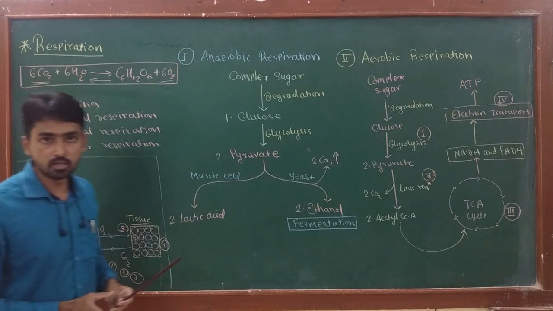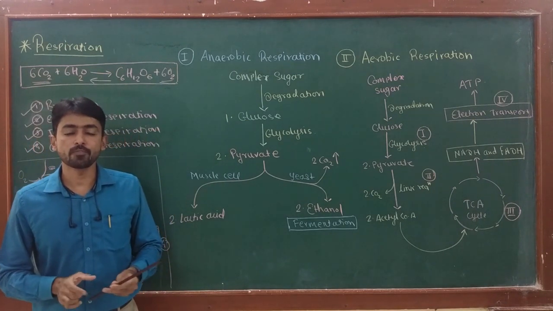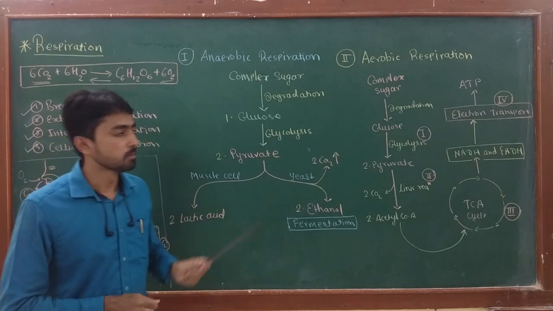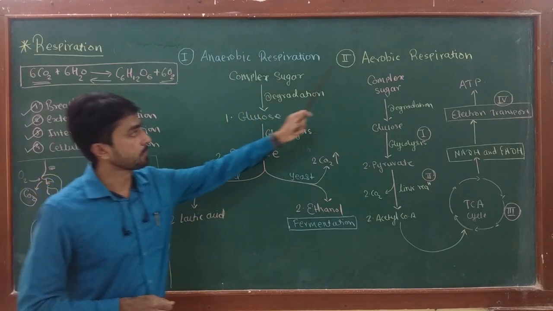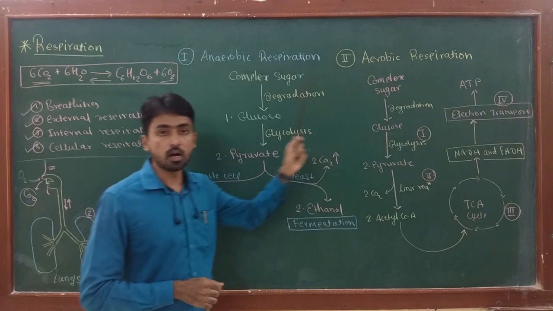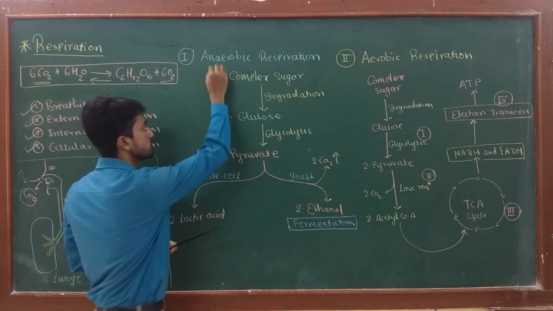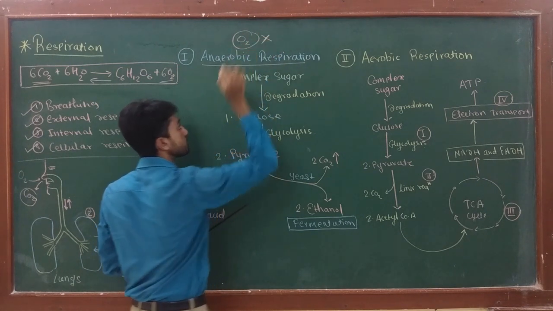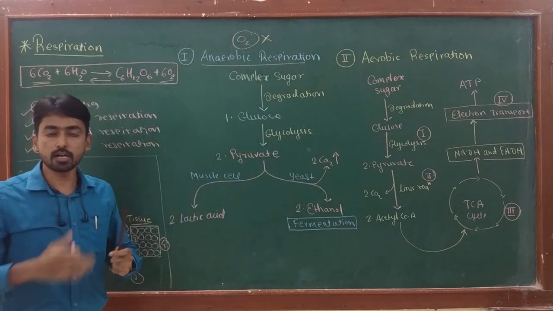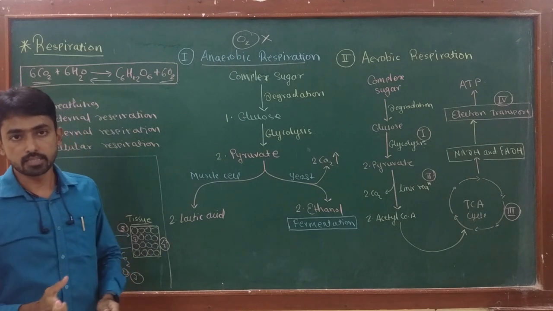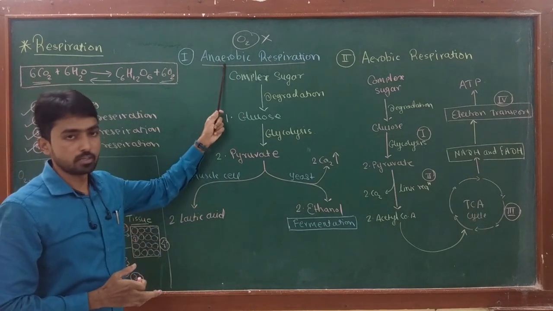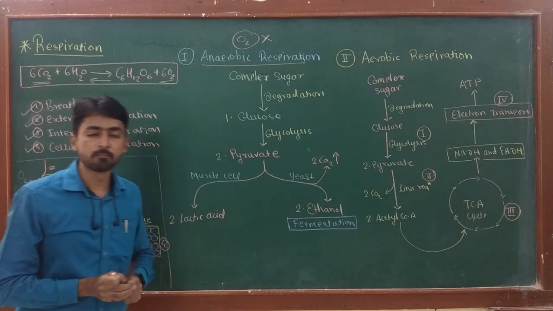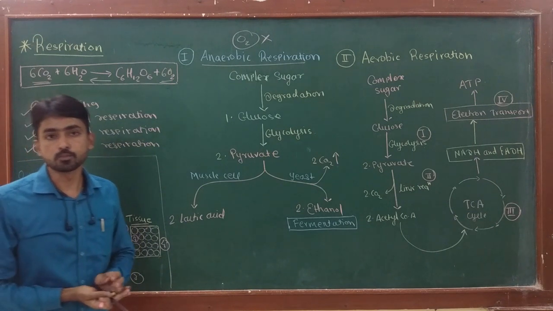In animals or microorganisms, two different modes of respiration are observed. First is anaerobic respiration and second is aerobic respiration. Anaerobic respiration means the respiration which occurs in the absence of oxygen. If oxygen is unavailable inside the cell, at that time the cell undergoes anaerobic respiration. This is the process in which very little energy is produced.